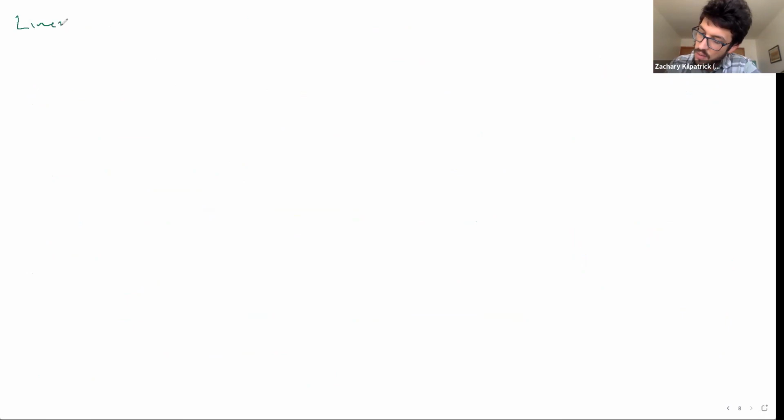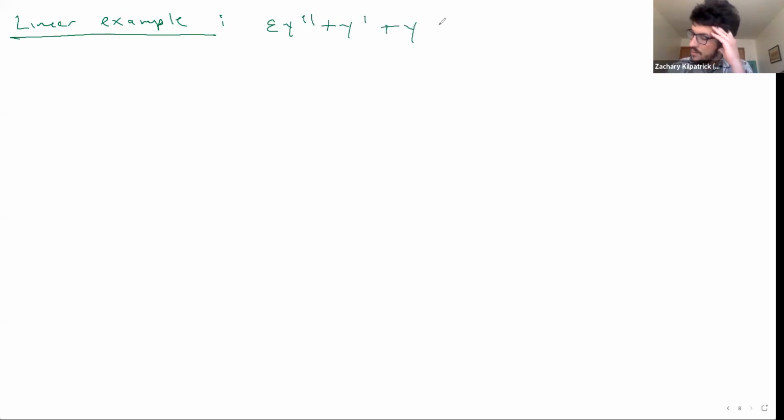So let's start with a linear example. I think we'll be with this example for the rest of class and then into the next class, okay? We're going to write down a fairly harmless looking ODE here. It's just a second order ODE, okay? And I'm going to define some boundary conditions.